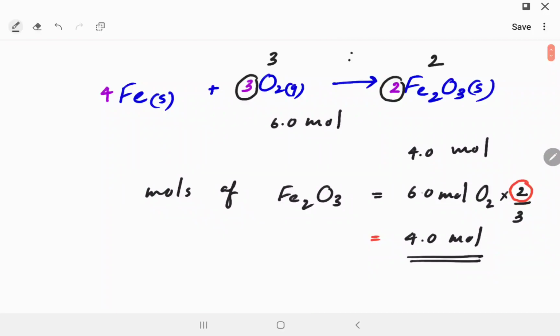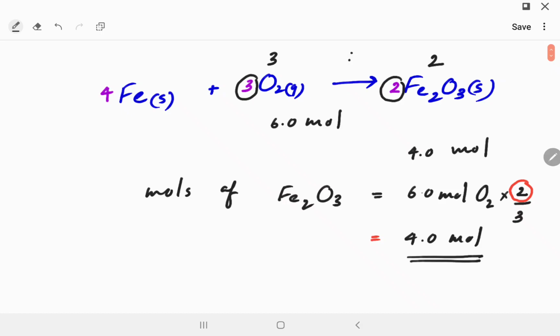How do you confirm that this answer is correct? Here's the thing. The ratio between oxygen and iron 3 oxide is 3 to 2, right? That means 3 moles of oxygen will give you 2 moles of iron 3 oxide. How do you know that?